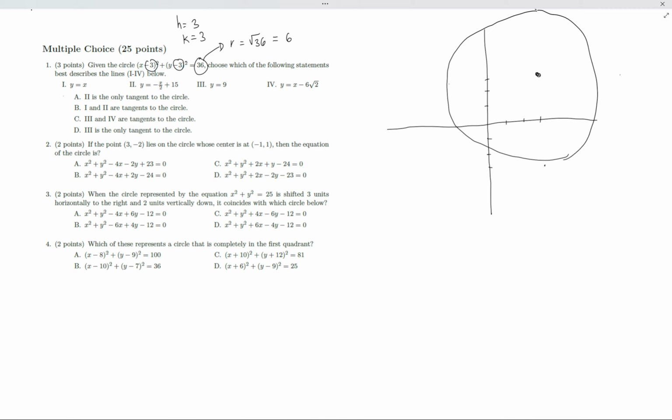Now let's start with inspecting line number 1. Line number 1 is given by y = x. When we say y = x, it's just a graph of a diagonal line where every x and y coordinate are equal to each other. For example, we have the points (1, 1), (2, 2), (3, 3), and the same for the negative numbers.